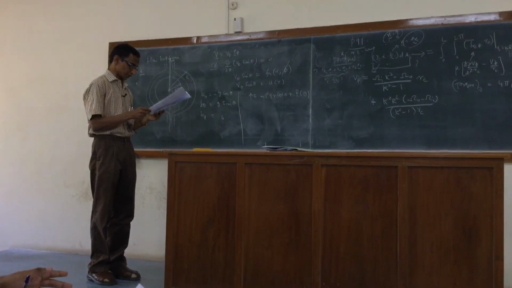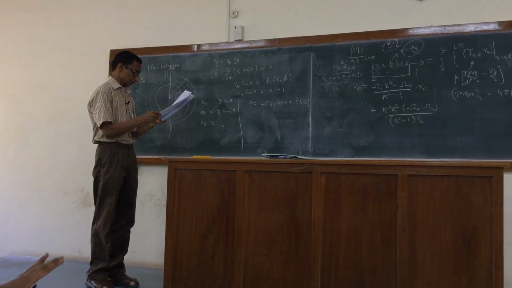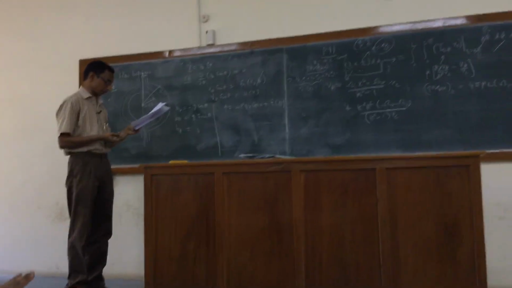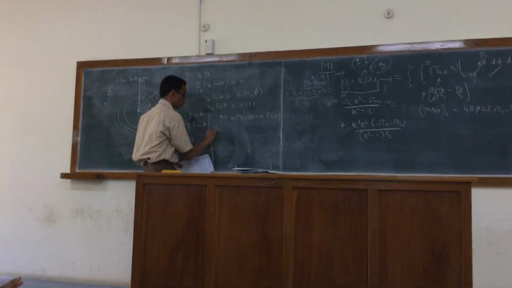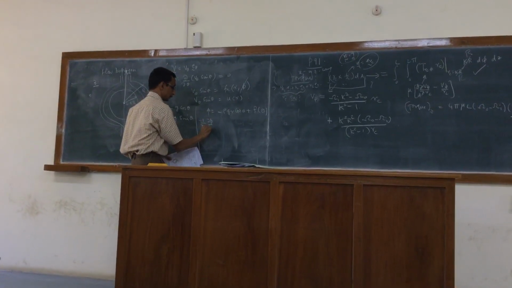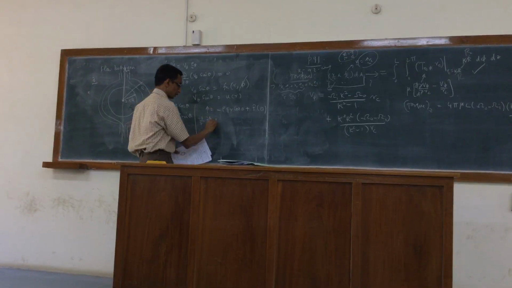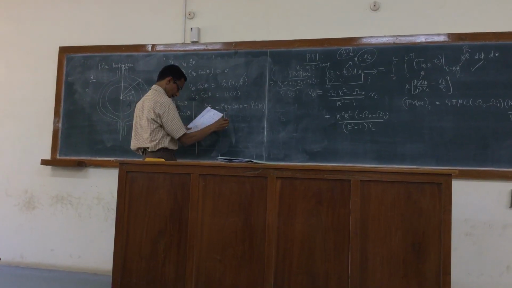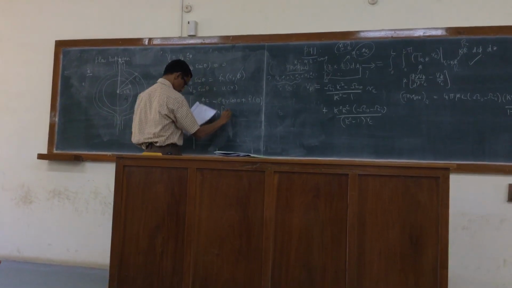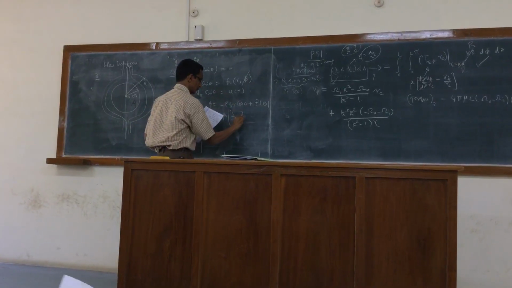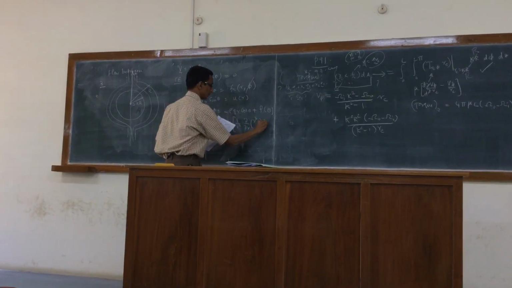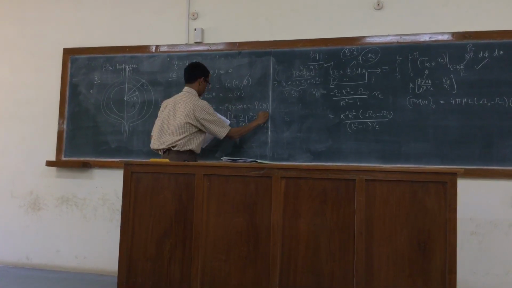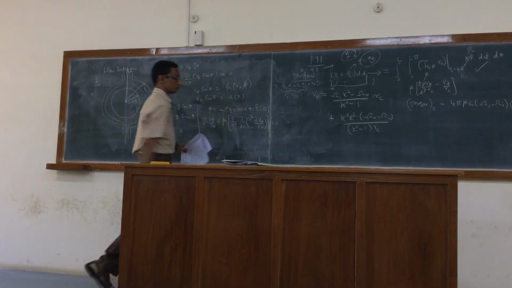The crucial equation then becomes the equation of motion in the theta direction. That would be minus 1 over r dp by d theta plus the viscosity times 1 over r square d by dr of r square dv theta by dr is equal to 0.